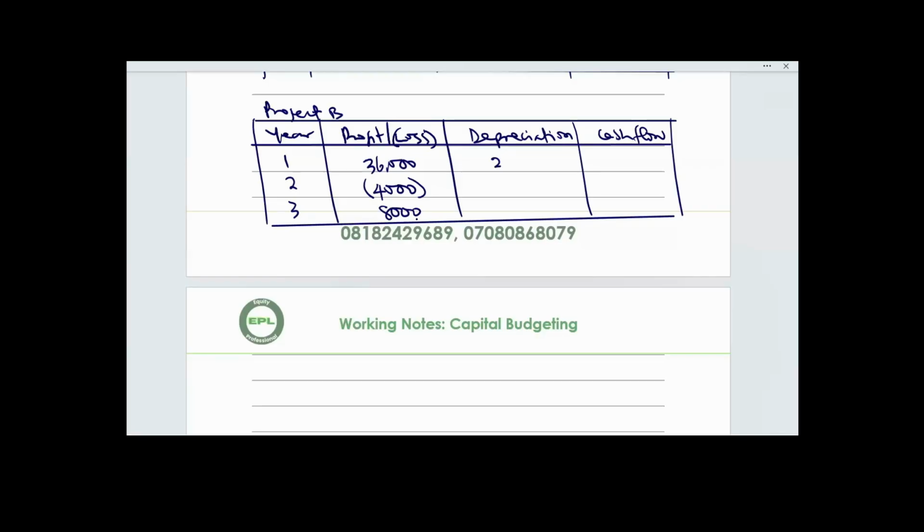Annual depreciation is 36,000. So we had 72,000 cash flow for year one, 32,000 cash flow for year two, and 44,000 cash flow for year three.